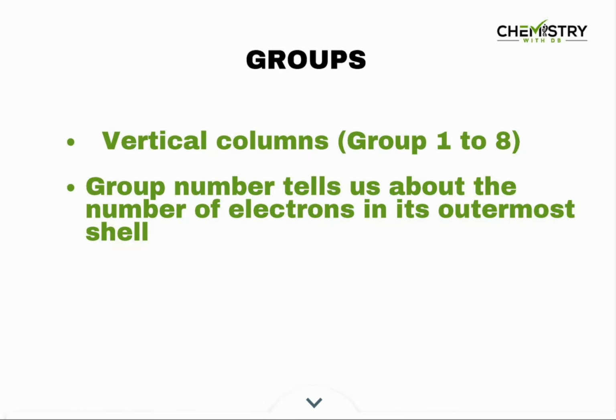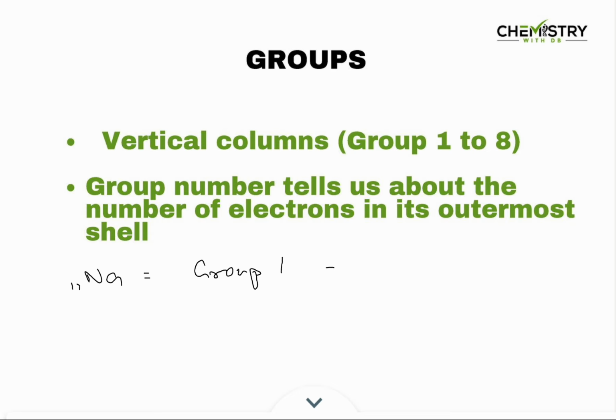Now again a quick recap. The groups, vertical columns, are the groups, and what does the group number tell us? It tells us about the number of electrons that an element has in its outermost shell. For example, let's say sodium. So sodium has 11 electrons, right? And it's in group 1.